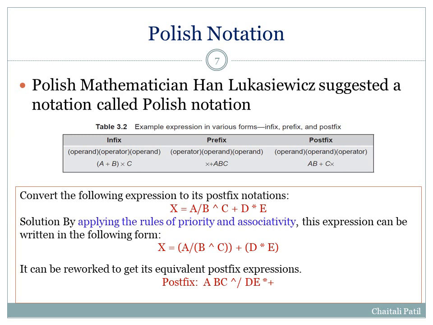After applying these rules, the expression is like this. This expression is again in infix form, but with parentheses. Why do we add the parentheses? To get a unique answer, we add parentheses in an infix expression.